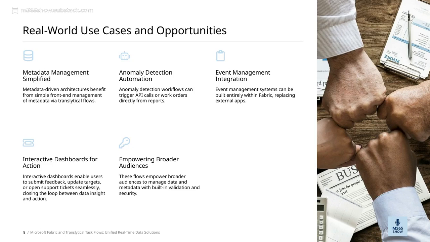Another great example is event management. With Fabric, you can build entire event management systems directly within the platform, eliminating the need for external apps. This integration streamlines the entire process, making it more efficient and easier to maintain. We also see how anomaly detection workflows can be automated to trigger API calls or work orders directly from reports. This automation helps in proactively addressing issues as they arise, reducing manual intervention and response times.